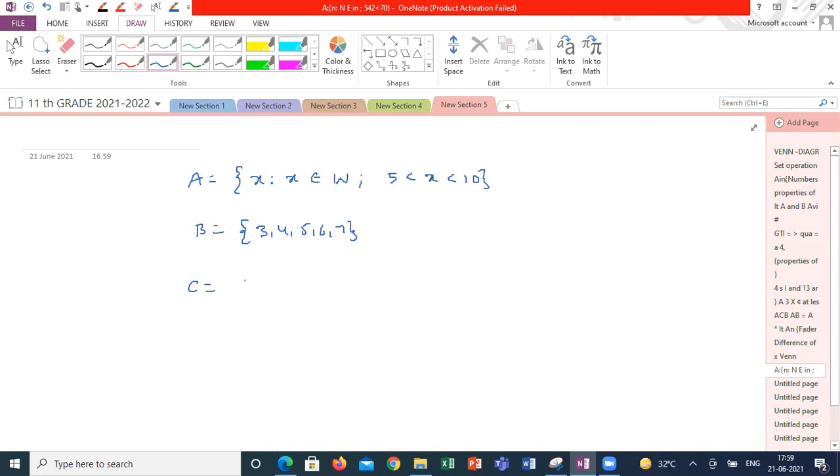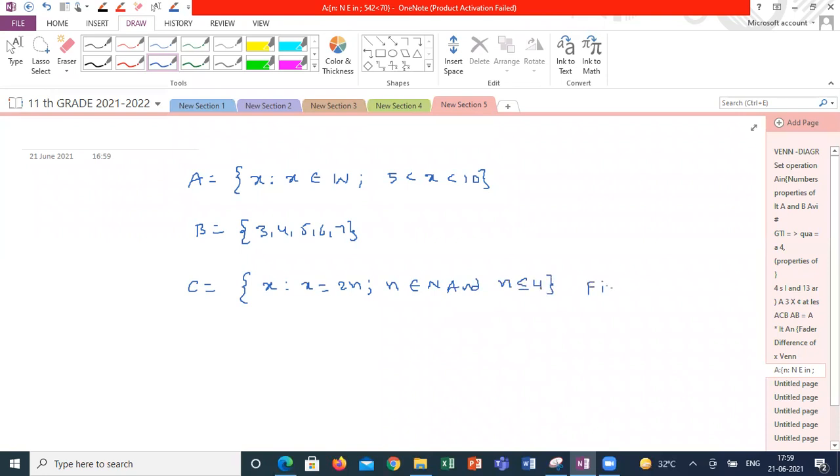And C is a set of X such that X is equal to 2n, where n belongs to natural numbers, not whole numbers, and n is less than or equal to 4.